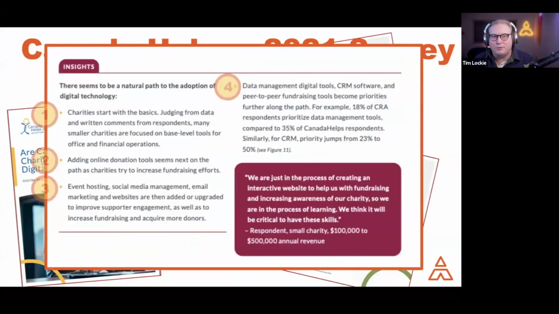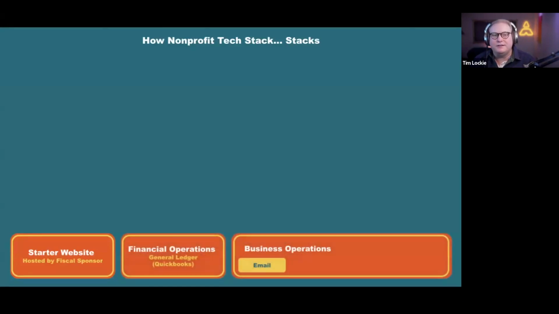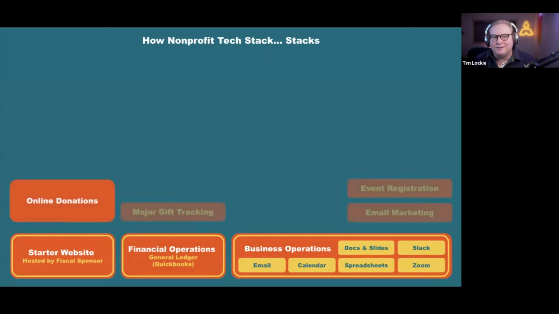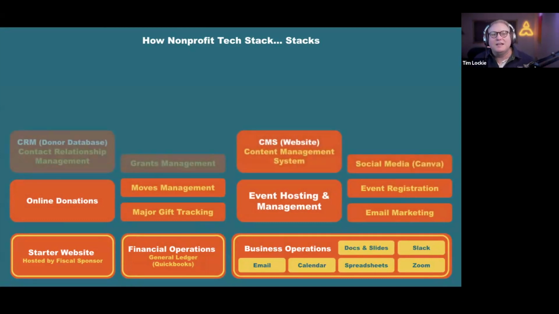The one takeaway that I want to leave people with is how stacks are formed, right? So this is a legitimate tech stack. And when I was a consultant, I felt like anybody that doesn't have a CRM doesn't have a legit tech stack. And that was just a really stuck up way of thinking, because actually a lot of small nonprofits, like these are all different. This is how tech stacks form over time as organizations evolve.